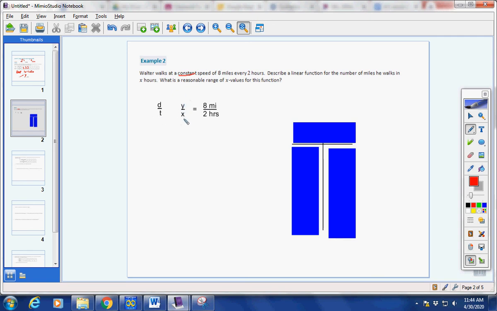So our y over x equals 8 miles over 2 hours. So if it says describe a linear function, proportionality here, remember we do 2 times y equals 8 times x.